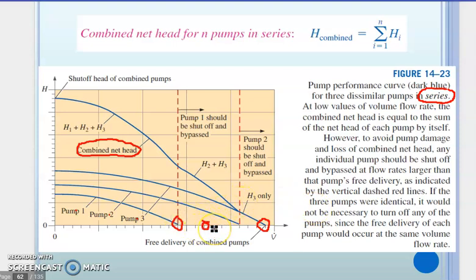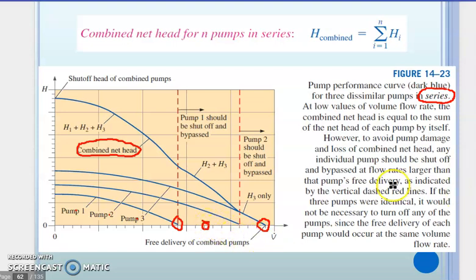So what you need to do is bypass pump number 1, meaning you need to shut off pump number 1 in order to operate at this capacity.